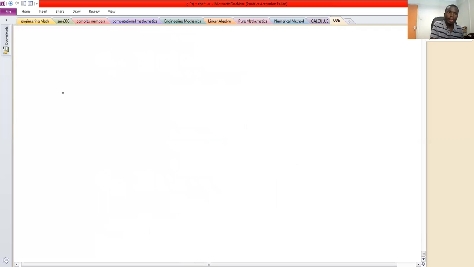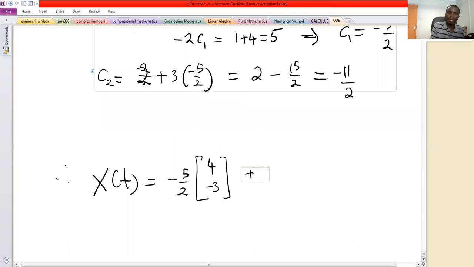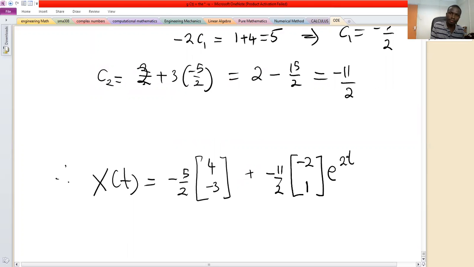So therefore, x of t will be C1, which is minus 5 over 2, then that vector was 4, negative 3, plus C2, which is minus 11 over 2, and then we have minus 2, 1, e raised power 2t.